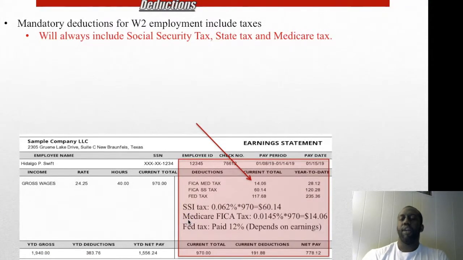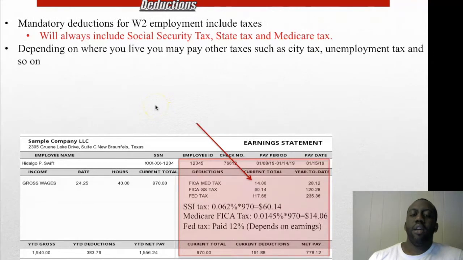We're going to talk more about this in the next slide, but an employer is required to take out money from your earnings and put those earnings towards taxes. So there's no way to get around any kind of tax deduction. If you have a job, you will have tax deductions.